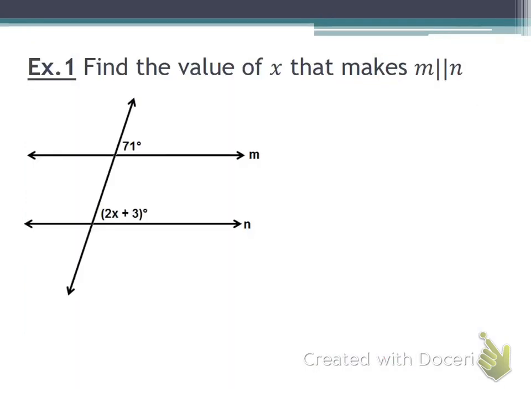All right, find the value of x that makes M parallel to N. So we're trying to force it to happen. If M is going to be parallel to N, what needs to be true about these angles that they have marked? They have to be equal to each other because they are corresponding. Okay, so we see that they're corresponding. We want them to be congruent so that M and N are parallel. So what's my equation?